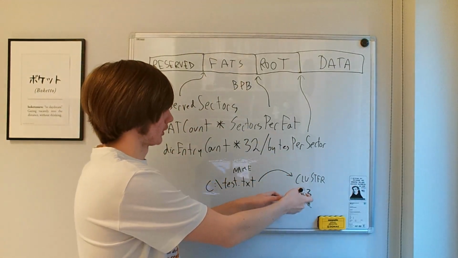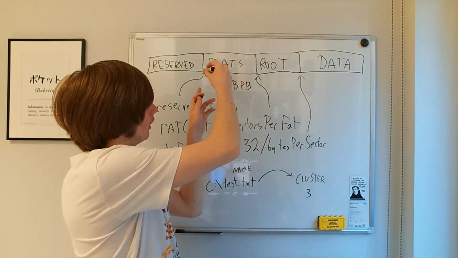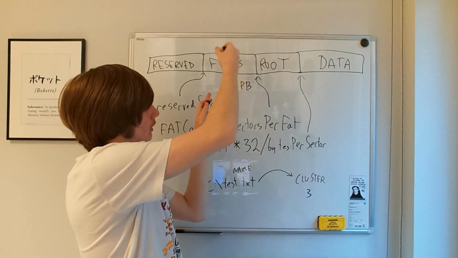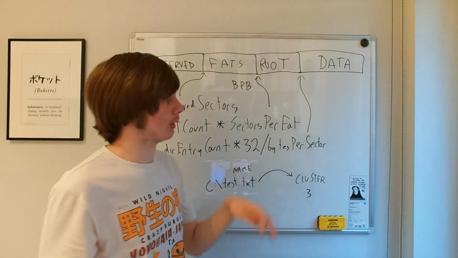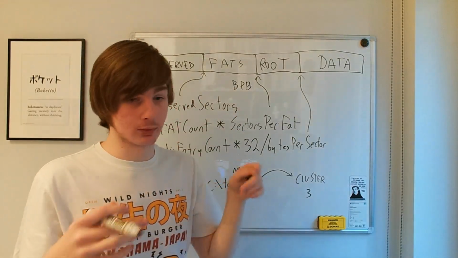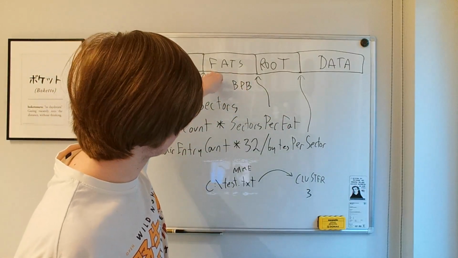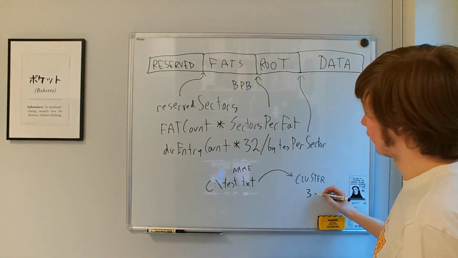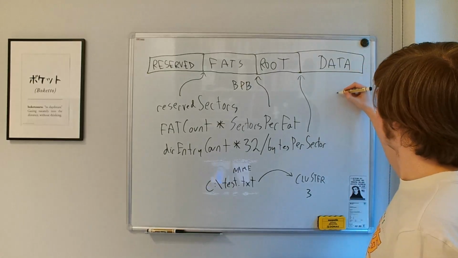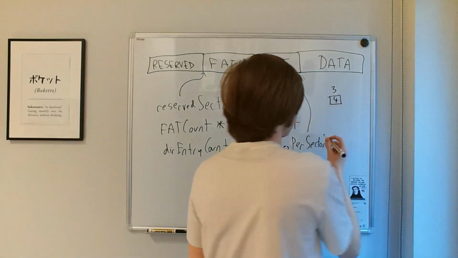So you have this number 3. So you would check the entry in the file allocation table with index 3. Remember, all of them are going to be 12 bits in FAT12. So you read that, and let's say that over there at index 3, it says 4.